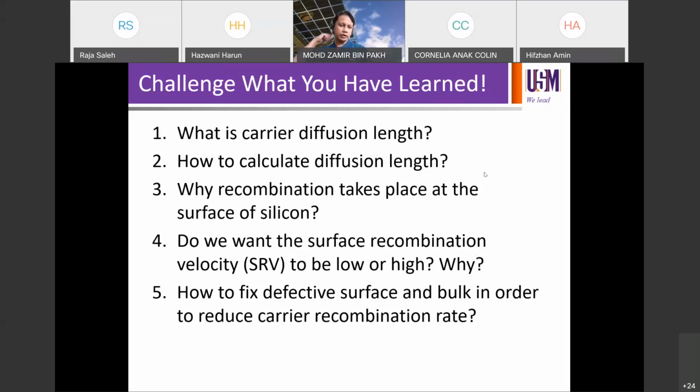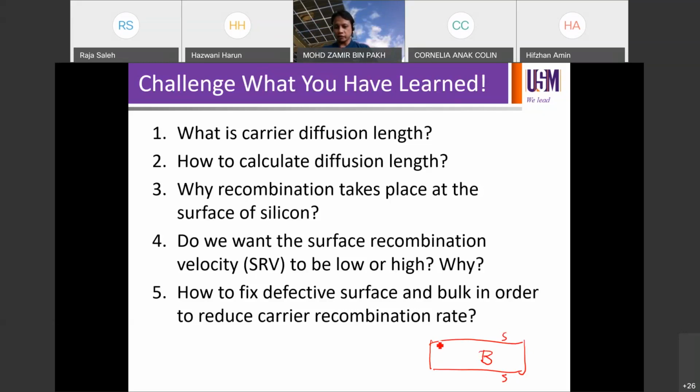Right, next, how to fix defective surface and bulk in order to reduce carrier recombination rate. Remember yesterday we've discussed that we have surface recombination and also bulk recombination. Surface recombination on surfaces and bulk recombination in the bulk, right? Bulk means in the volume of the material, silicon or whatever.